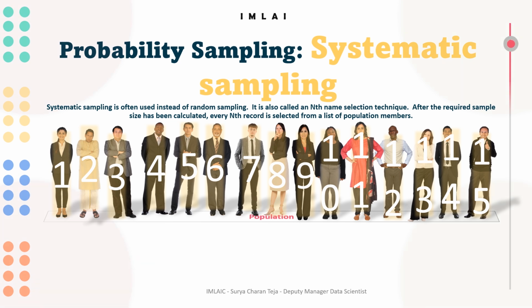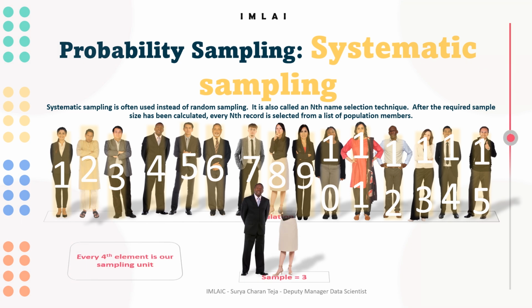But before that, let me decide the kth element. Here I have decided the fourth element is our sampling element. So my k value is 4. Out of the first 4, I will take any one randomly. This is my first element that I have randomly taken.